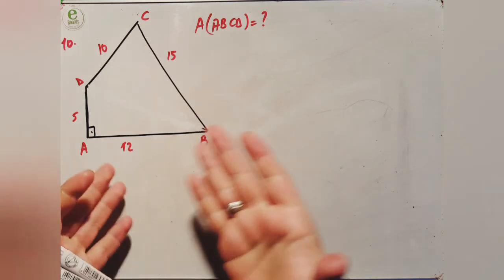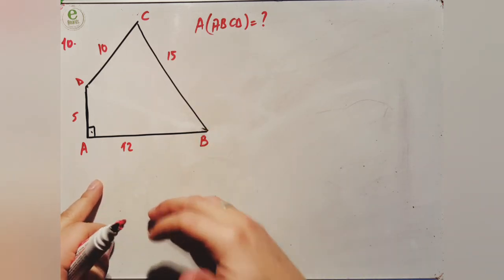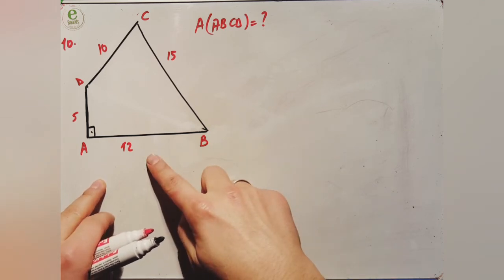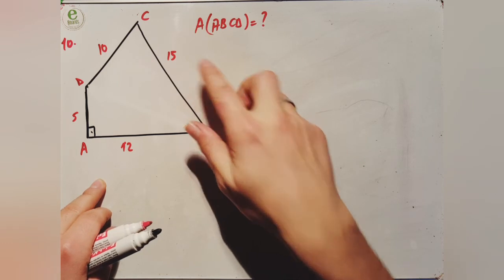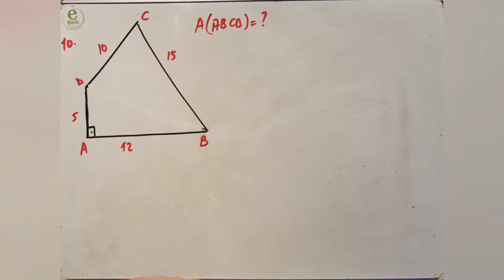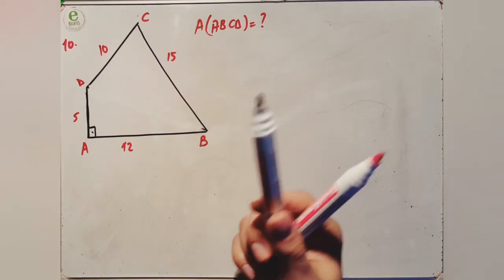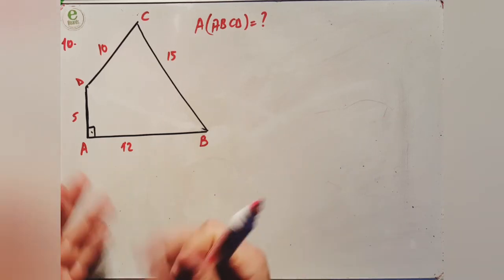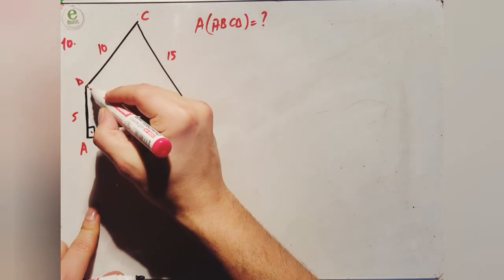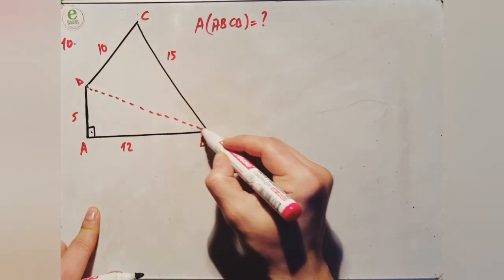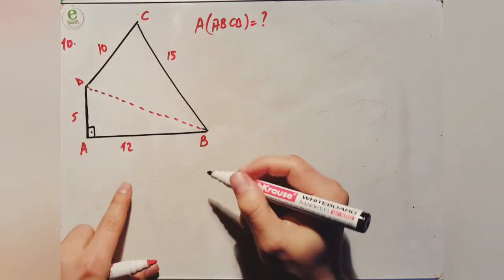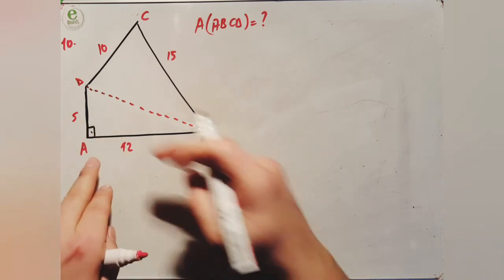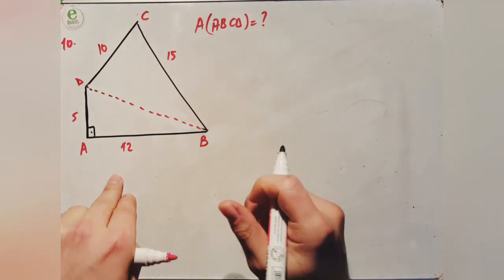And we have a four-sided polygon ABCD. AB is 12, BC 15, CD 10, and DA is 5 centimeters, and we have to find the area of ABCD. As in the figure, draw diagonal BD and form two triangles, ABD and BCD.